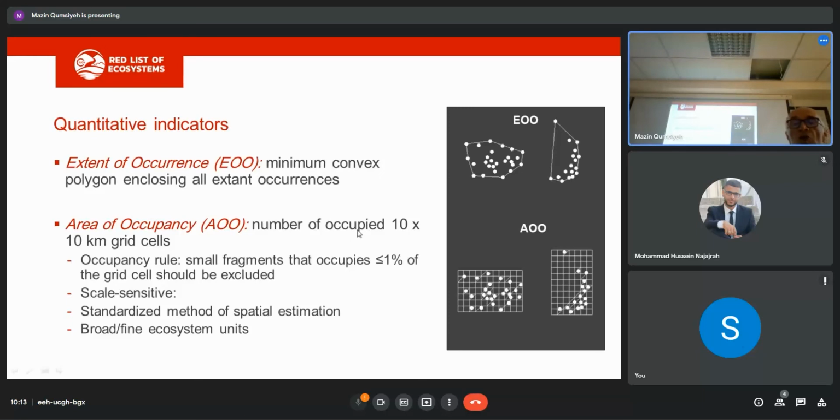It's a number of occupied 10 by 10 kilometer grid cells. For species, it was a grid of 2 by 2 kilometer grid cells. For ecosystems, it's 10 by 10.